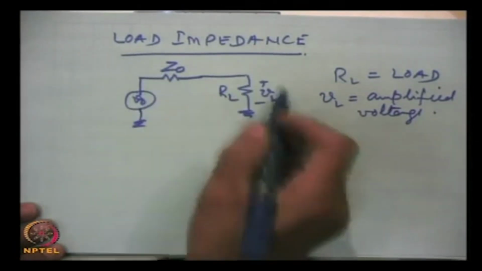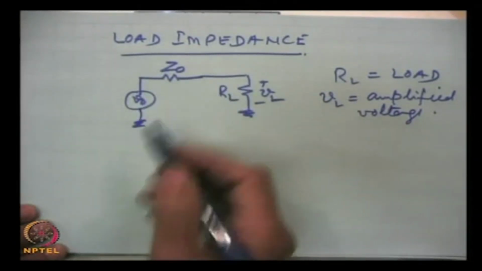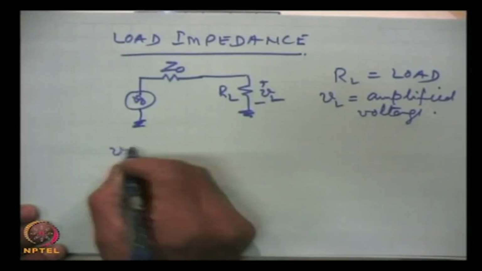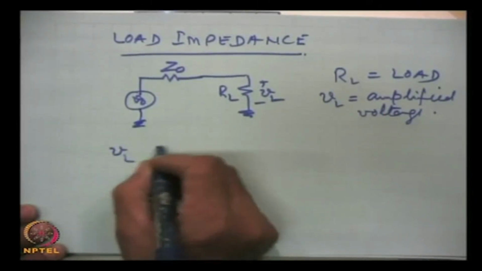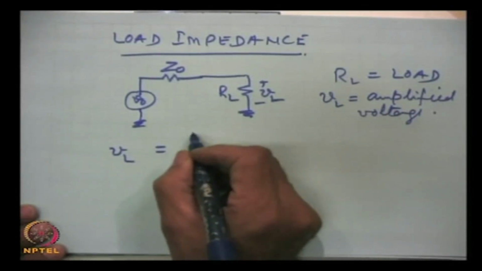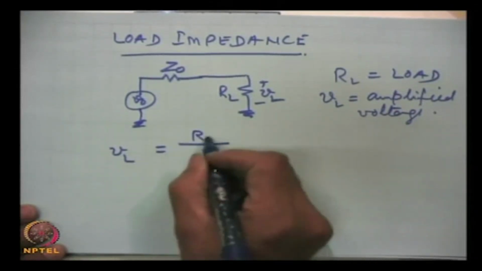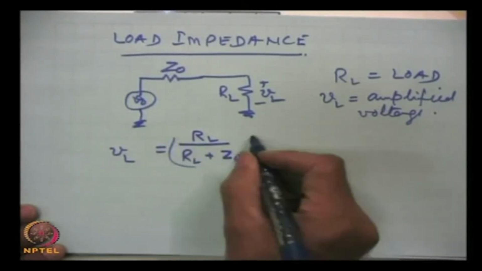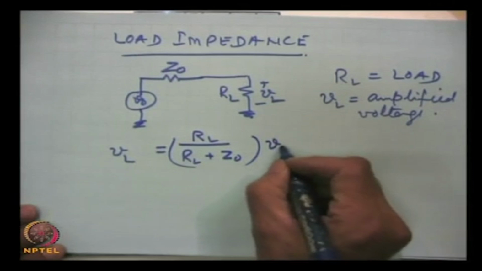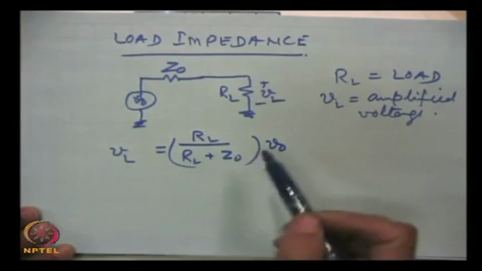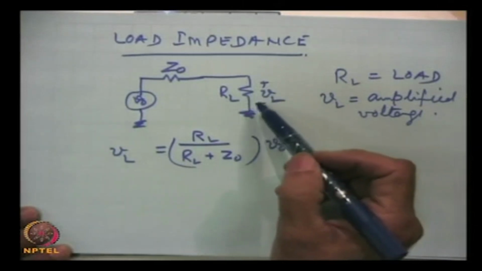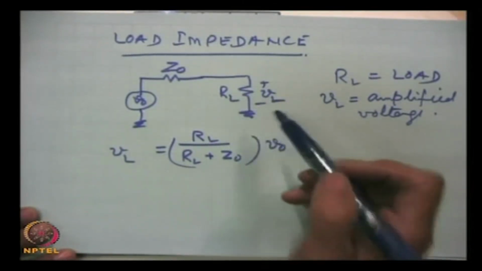Now, from this figure we can make out that VL is equal to RL upon RL plus Z0 into V0. This is the voltage which we will be observing at the load resistance.